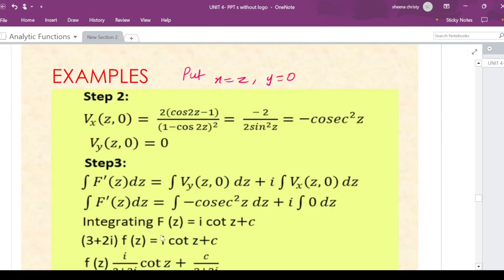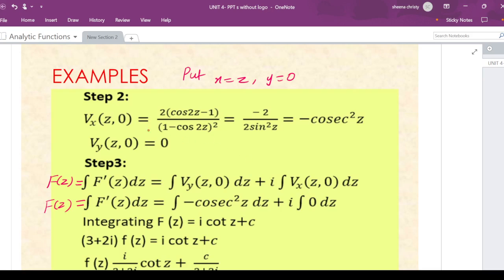Now substitute in the formula. Therefore, f of z equal to integral of Vy of z comma 0 plus i times Vx of z comma 0. This is the formula where the imaginary part of f of z is given.